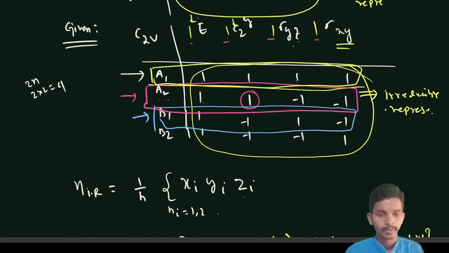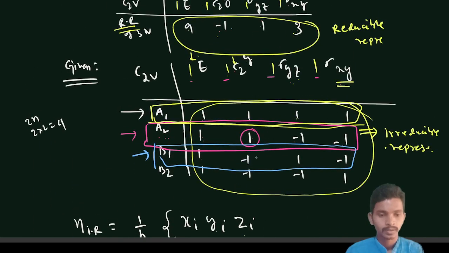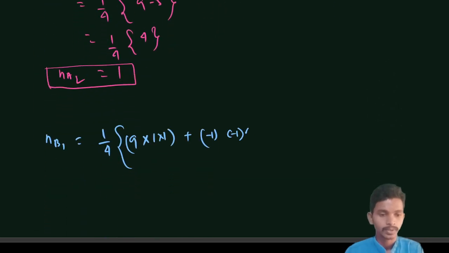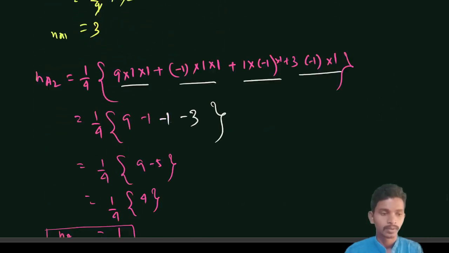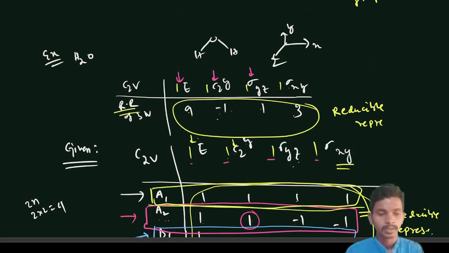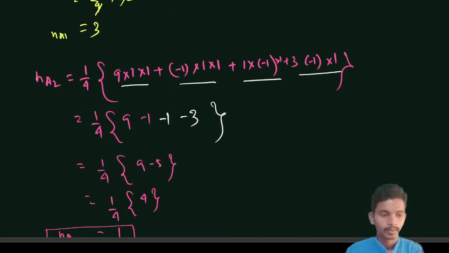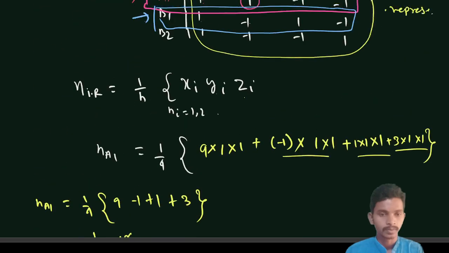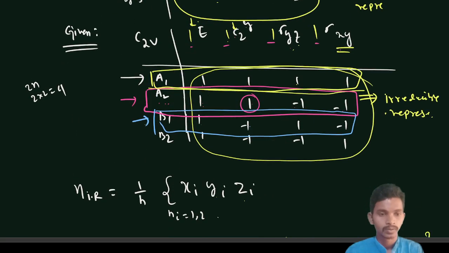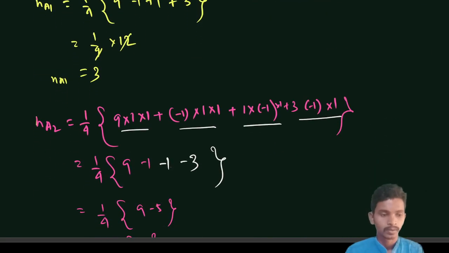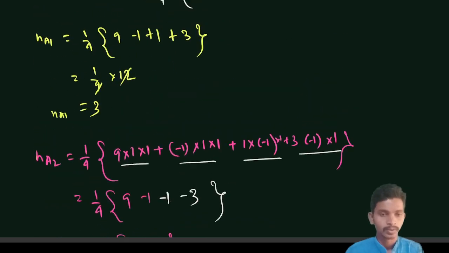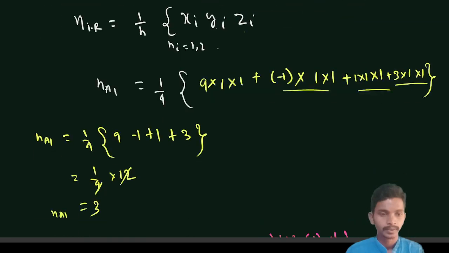After that, the irreducible representation, how much for this? Minus 1. So I will put minus 1. The coefficient is always 1, and this is 1. So 1 into, and this value is 1. The coefficient is 1, plus, and that value is 3.